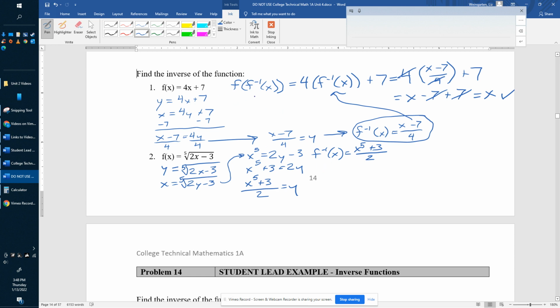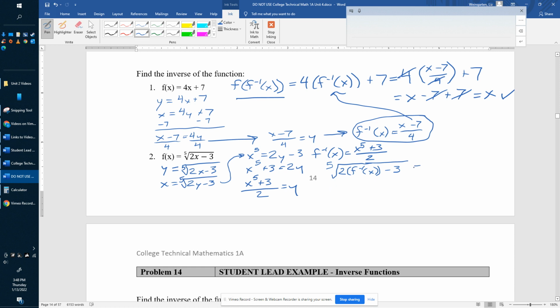So we are going to do f of the inverse of f of x. So we have the fifth root of 2 times f to the negative 1 of x minus 3.